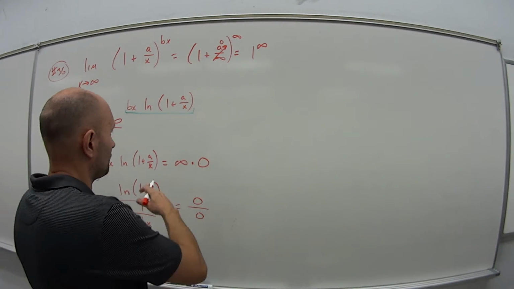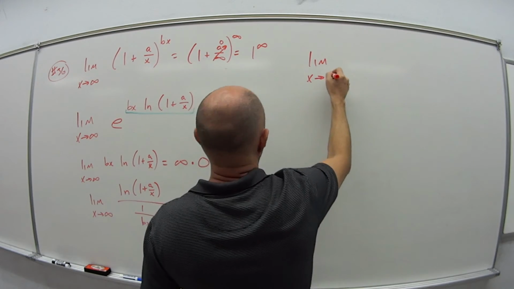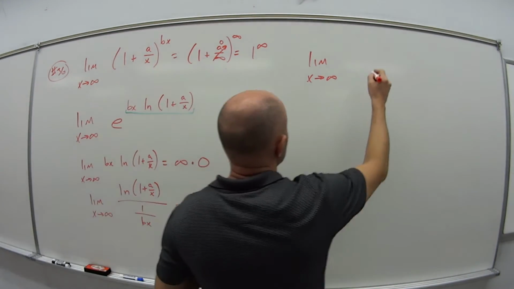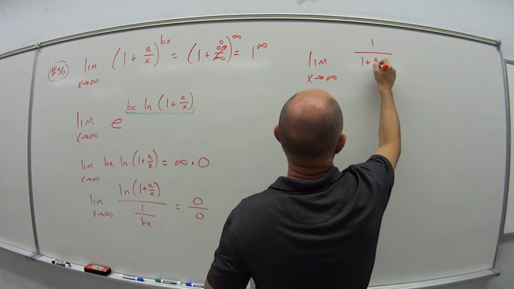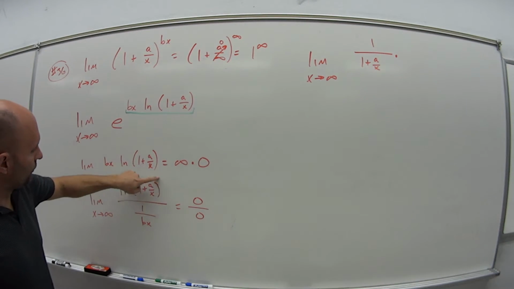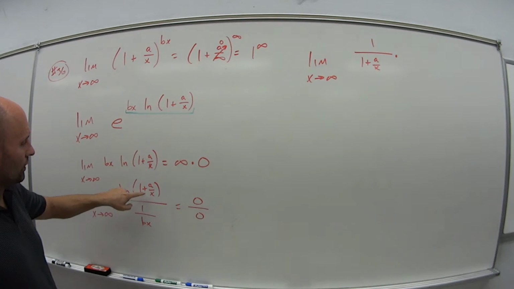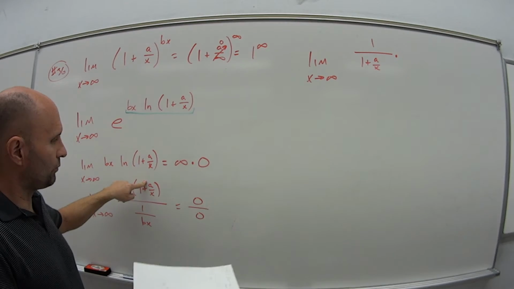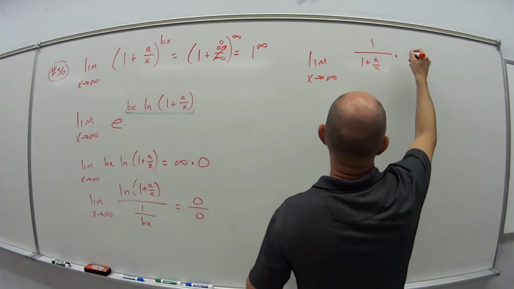So let's do that. I want to take the derivative of the numerator. So that's 1 over this piece times, I have to use the chain rule here, the derivative of this guy here. Derivative of 1 is 0. Derivative of a over x, well, that's the derivative of the top, which is 0, times the bottom, minus the top times the derivative of the bottom.